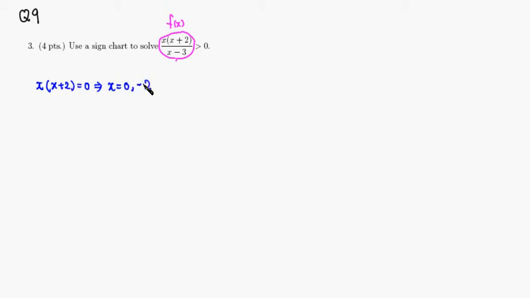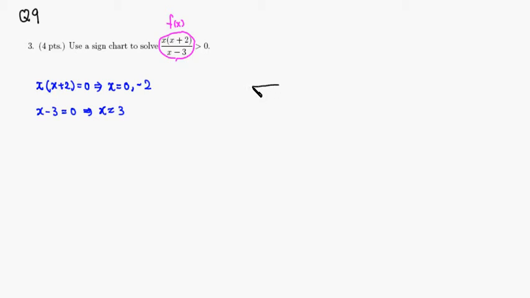Then we also set the denominator equal to 0, so x minus 3 equals 0, and you can see that x is going to be positive 3. Then we're going to use those numbers to put tick marks on a number line.